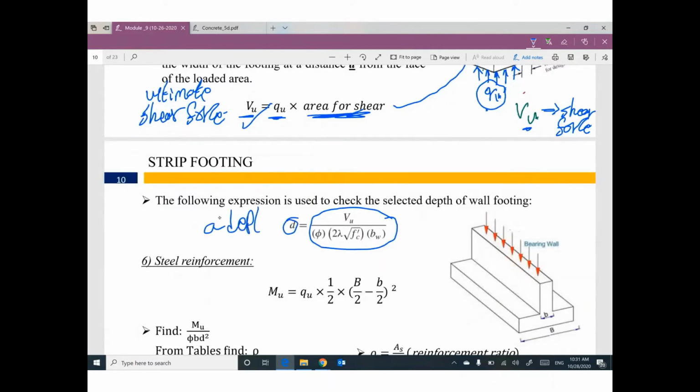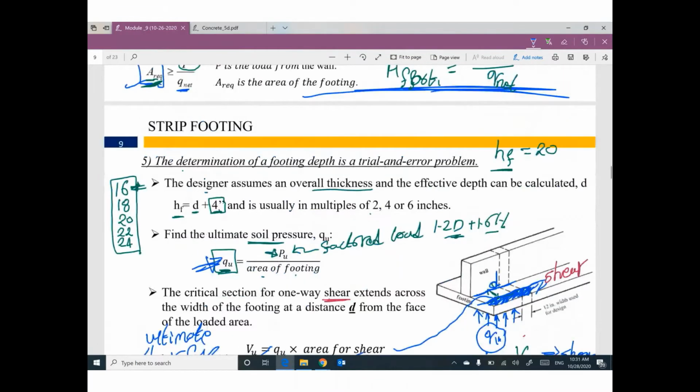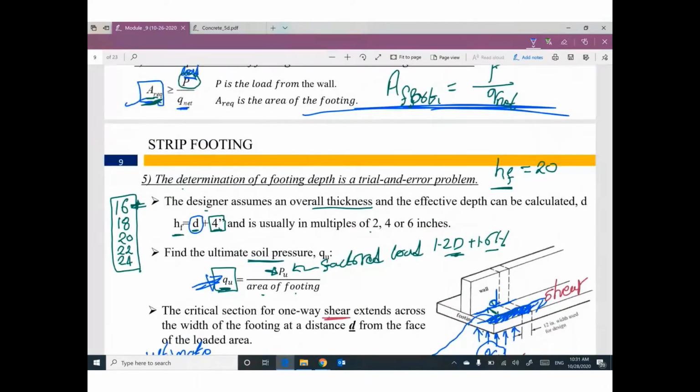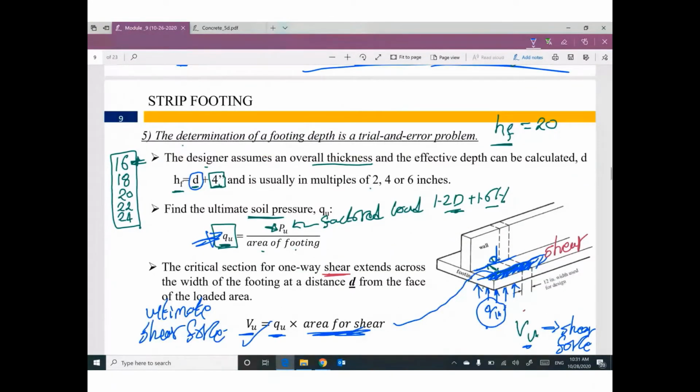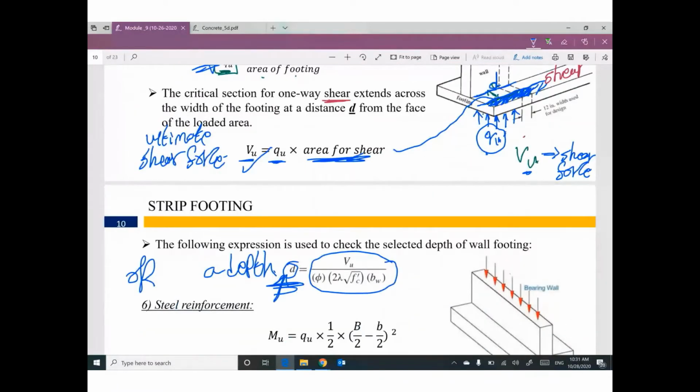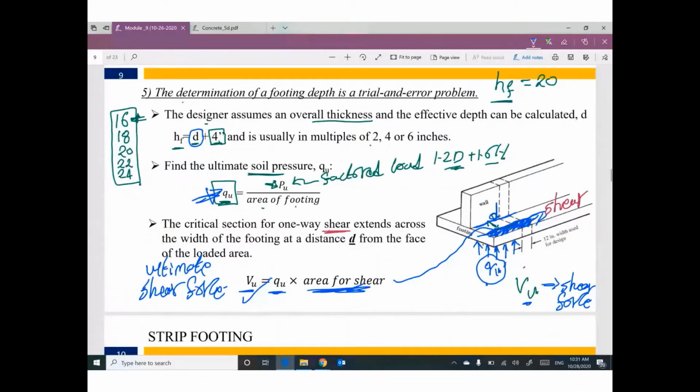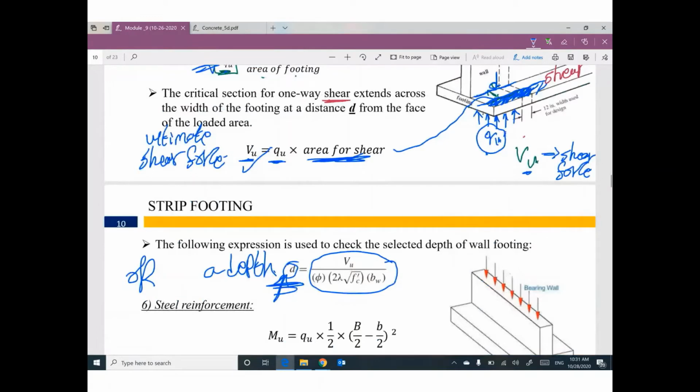You need to make a comparison between this depth and your assumed depth. If you assumed a depth greater than this value, you are okay. If not, your assumption at this point is not good. You have to increase what you assumed and keep going to repeat Q ultimate, V ultimate to make sure the calculated depth is okay.